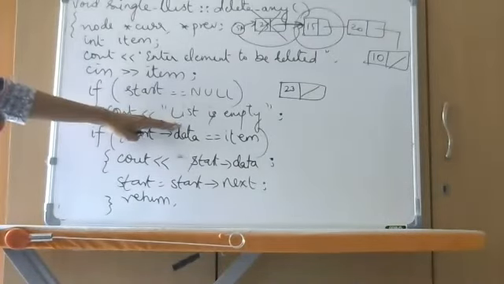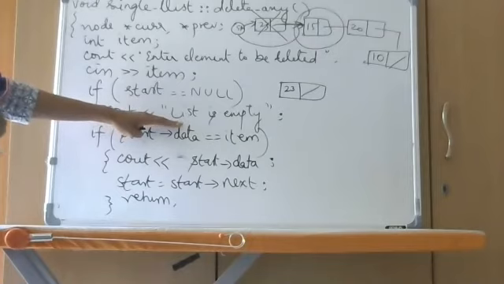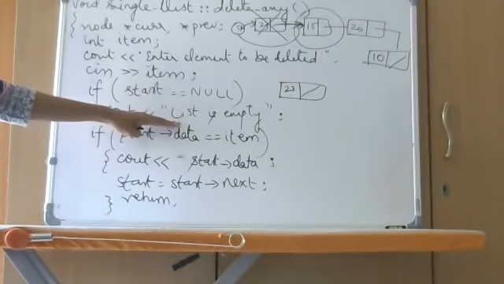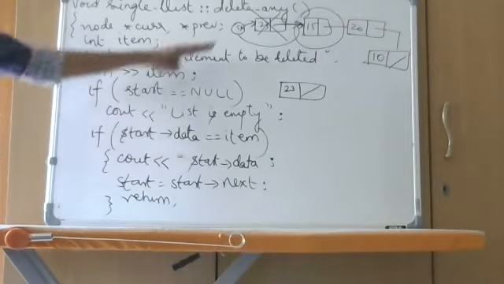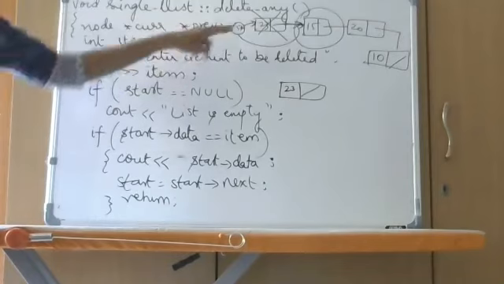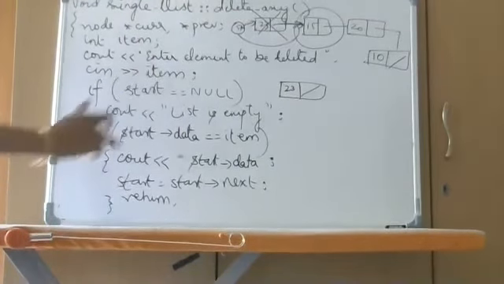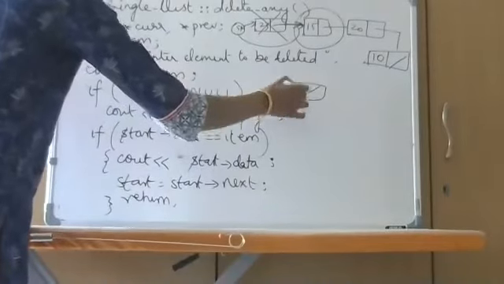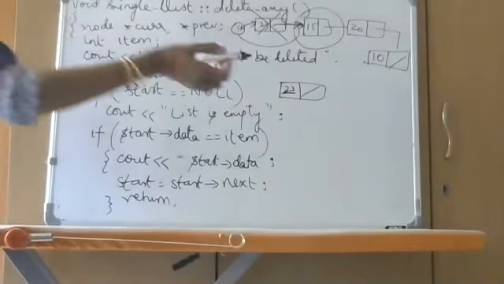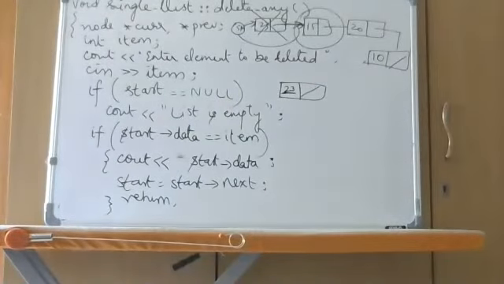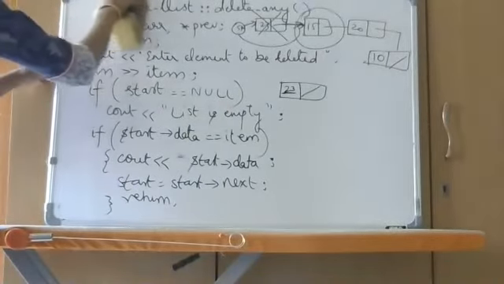First we check whether the linked list is empty. Second, I have entered the item as 23, that is the first element I want to delete. Third, I have entered 23 and that is the first element, and that is also the last element. That means I have only one element. That is the third condition that I am going to check. Let us see how we can write that.